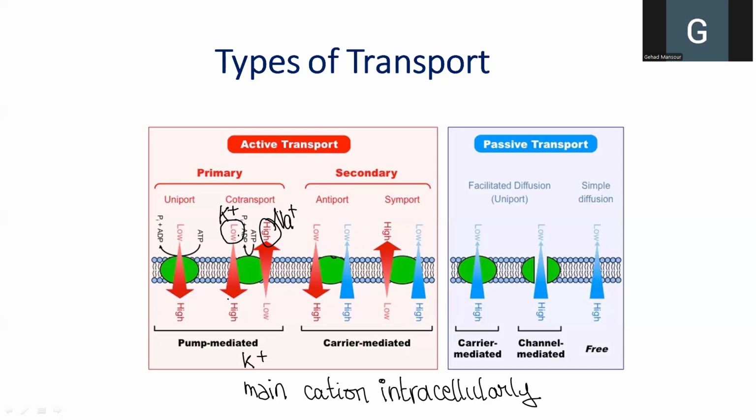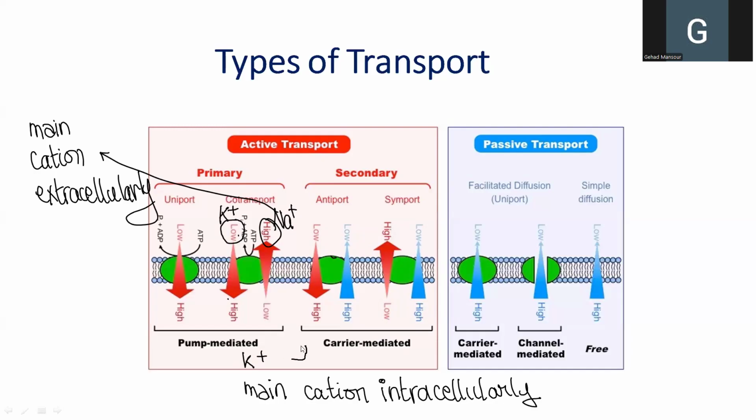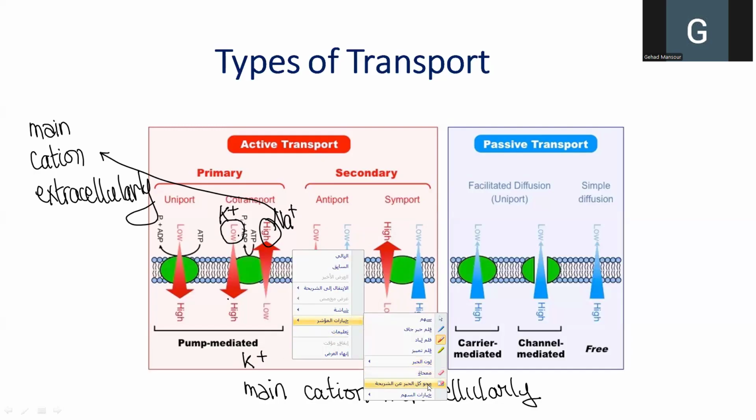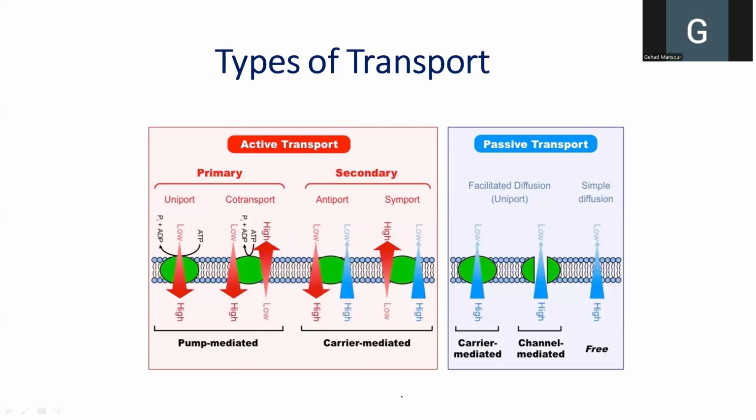Because sodium has to be the main cation outside the cell, or the main cation extracellularly. And why does it have to be the main cation extracellularly? For proper functioning of the cells. So this is a kind of co-transport because we are transporting both sodium and potassium at the same time. It is a type of active transport because we are transporting against concentration gradient using energy.